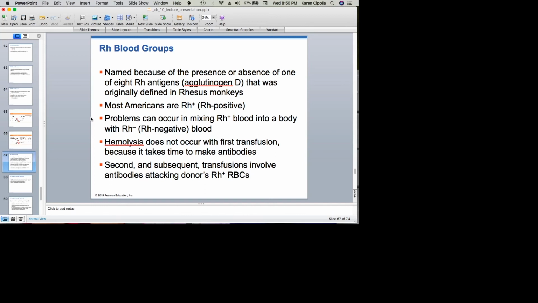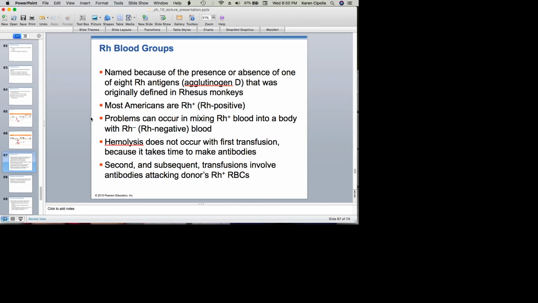So what happens is, if you've got an Rh negative body that gets Rh positive blood, it's positive because they have one of these 8 antigens that have been found.